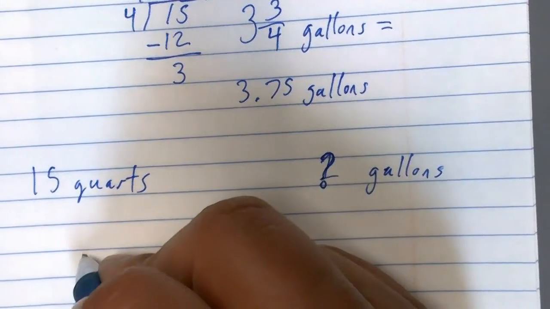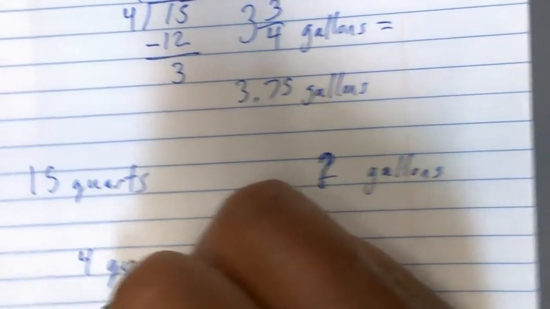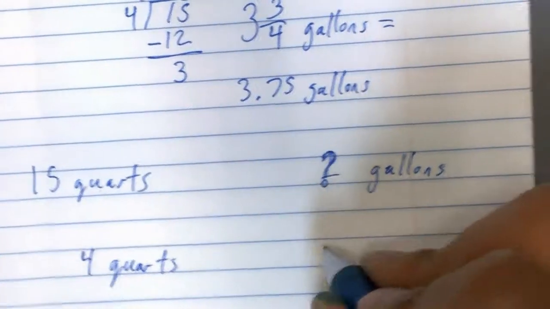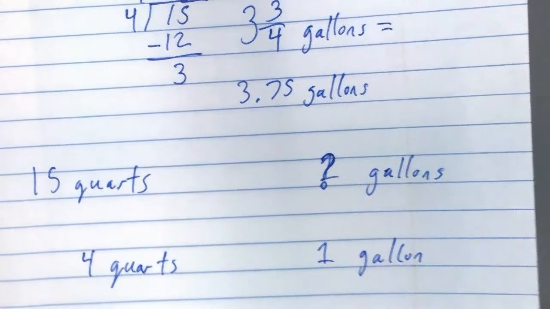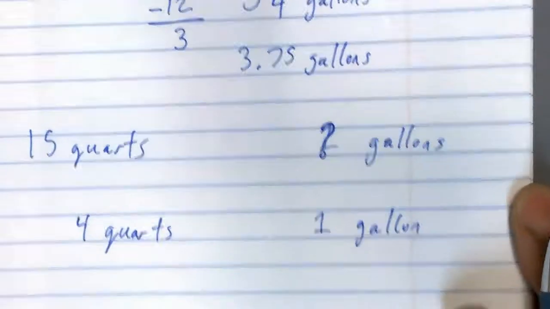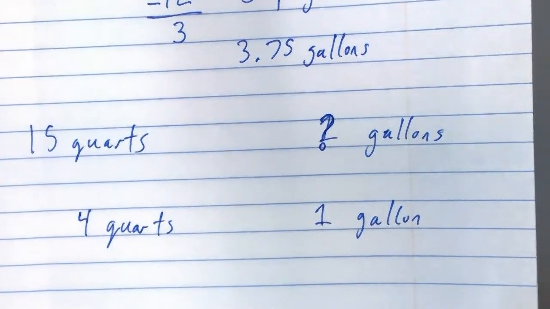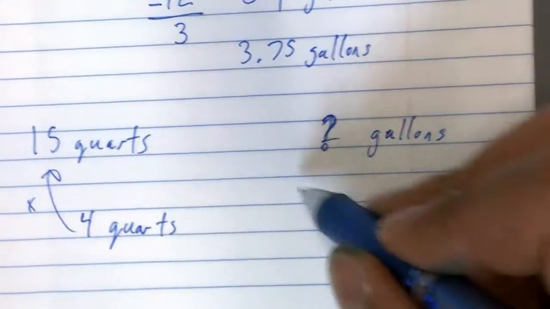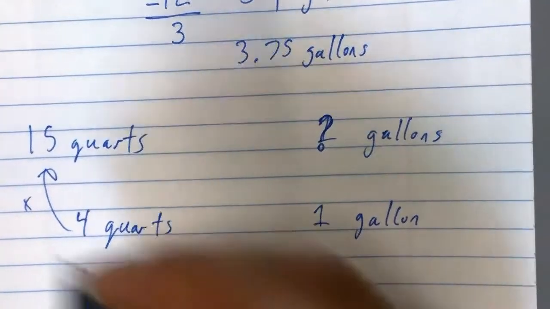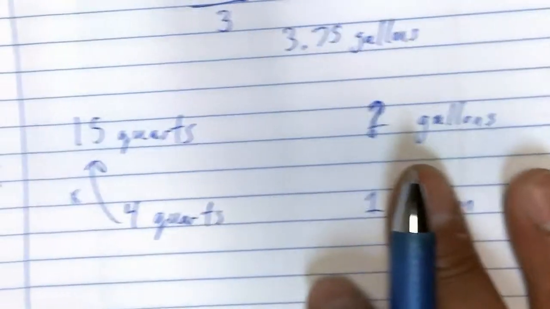We know 4 quarts is 1 gallon. I can't think of anything it can scale up to. But let's try something else. That didn't work. This is a no. Nope.